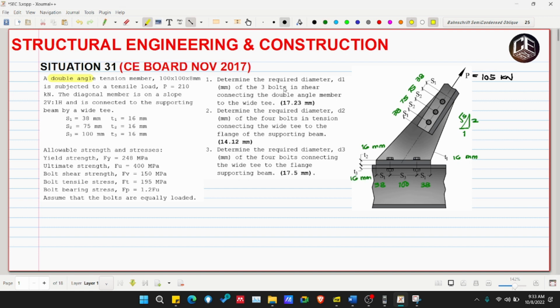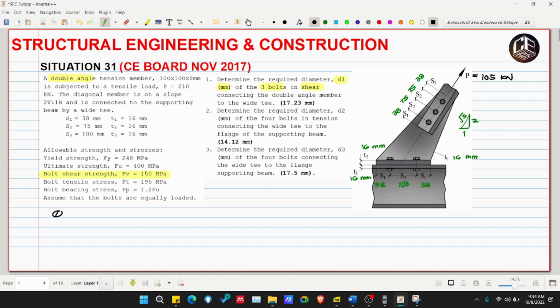So number 1, determine the required diameter D1 in millimeters of the 3 bolts in shear connecting the double angle member to the wide T beam. 3 bolts ito. Sabi niya rito, in shear. So, kukunin natin yung ating diameter based on the allowable shear strength ng ating bolt.